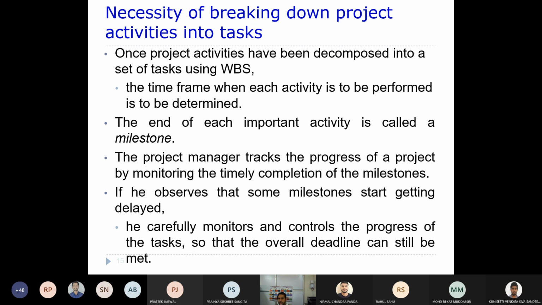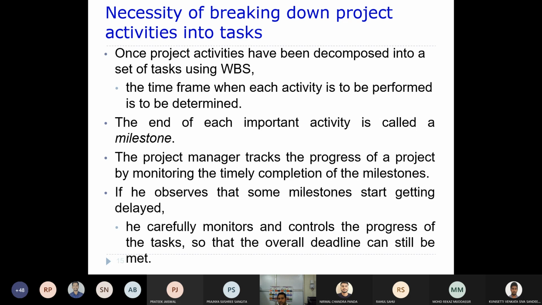Once these project activities have been decomposed into a set of tasks using WBS, that means your work breakdown structure, now the time frame when each activity is to be performed has to be determined. So you will have to specify the start date and end date. The end of each important activity is called a milestone.